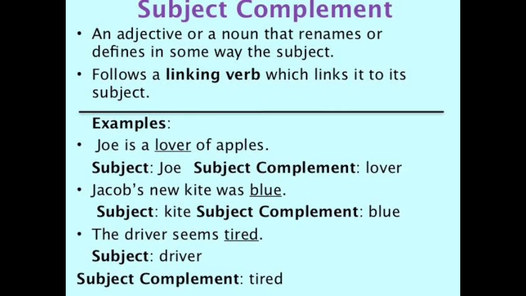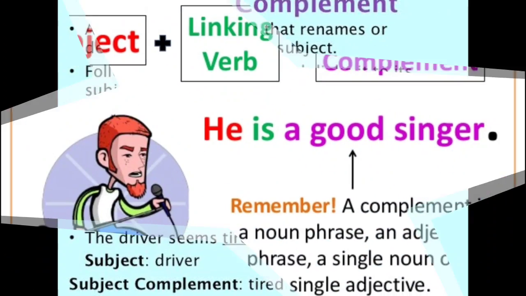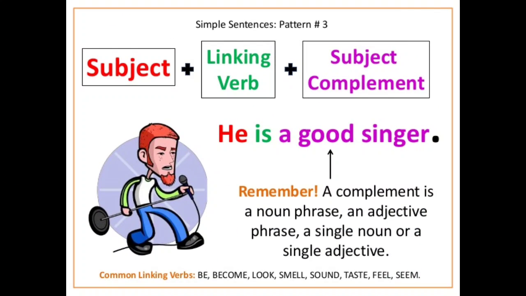Then look at the next example. The driver seems tired. Here driver is the subject. The subject complement is tired. So tired is the subject complement that describes the subject driver. So it is known as subject complement.